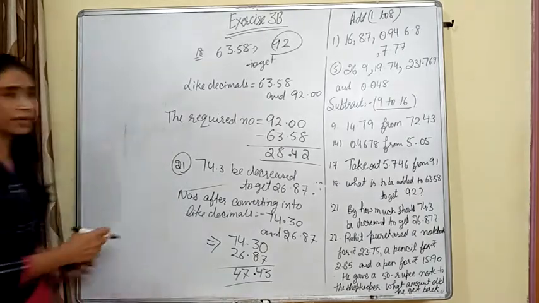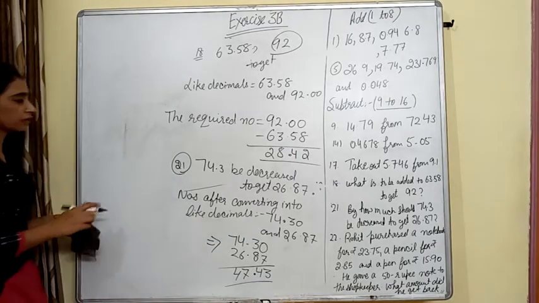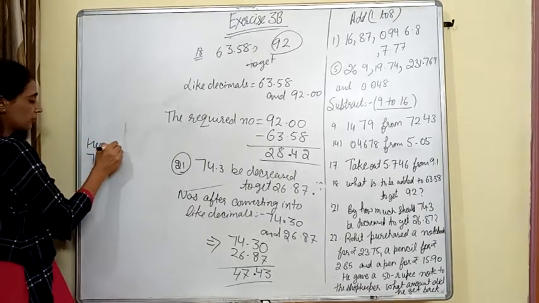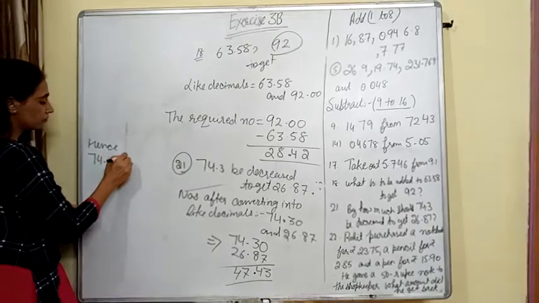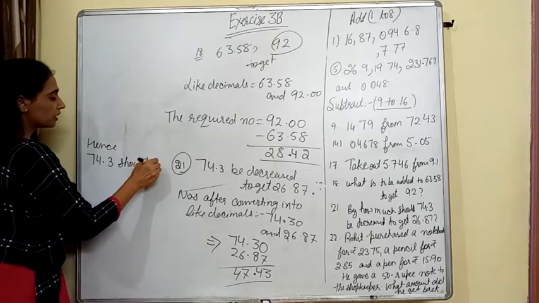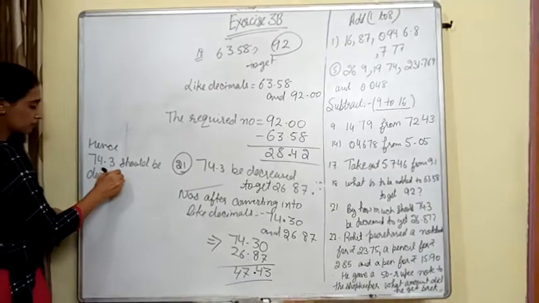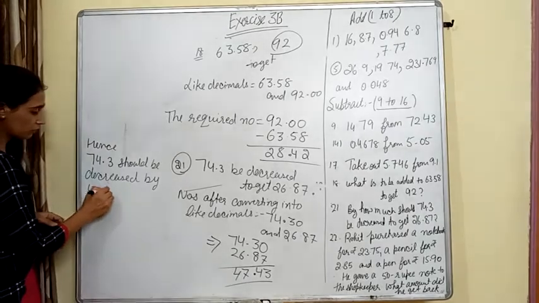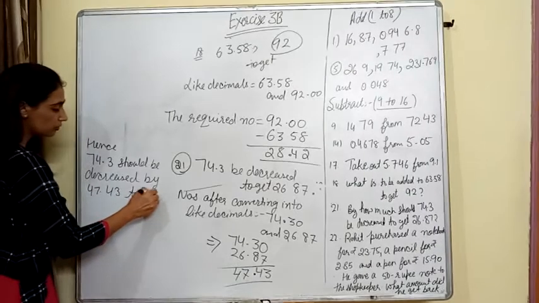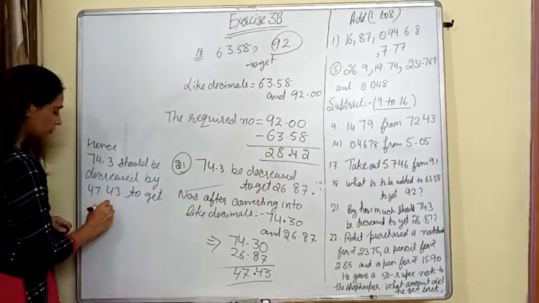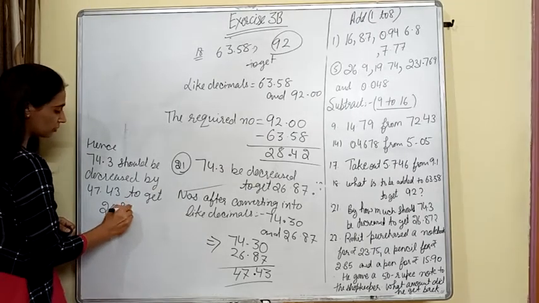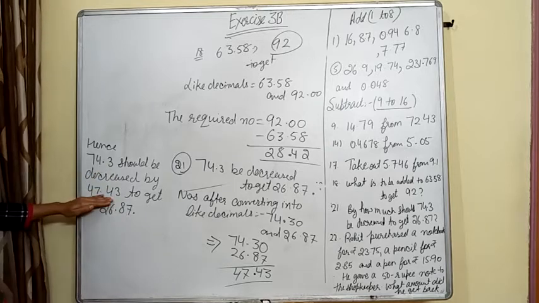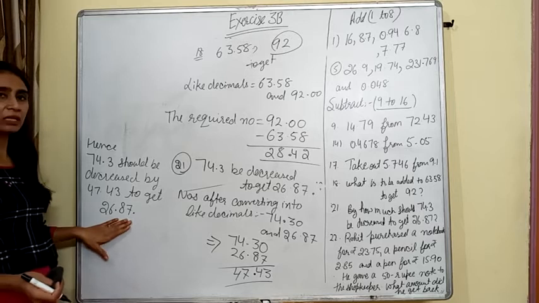So what we will write at the end for question number 21: hence 74.3 should be decreased by 47.43 to get 26.87. Means if I decrease 74.3 by this much, I will get 26.87.